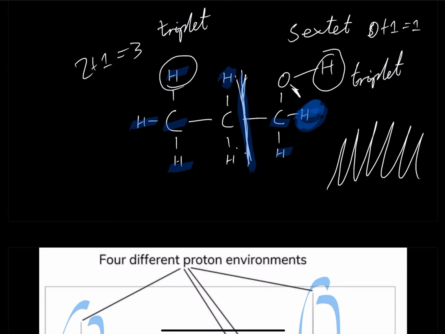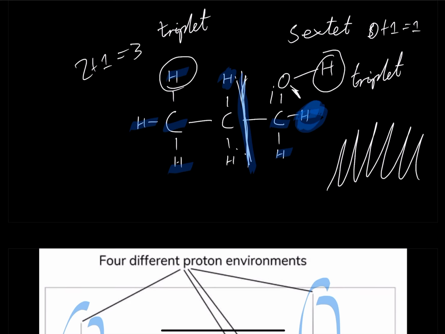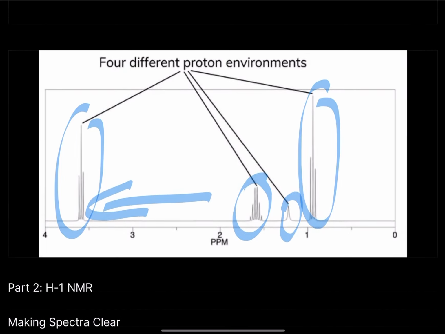But it's adjacent to the hydroxyl group, and hydroxyl groups are very electronegative, very electron withdrawing, and they pull electron density towards the oxygen, therefore making it less shielded. The chemical shift will be much higher, and hence much larger.